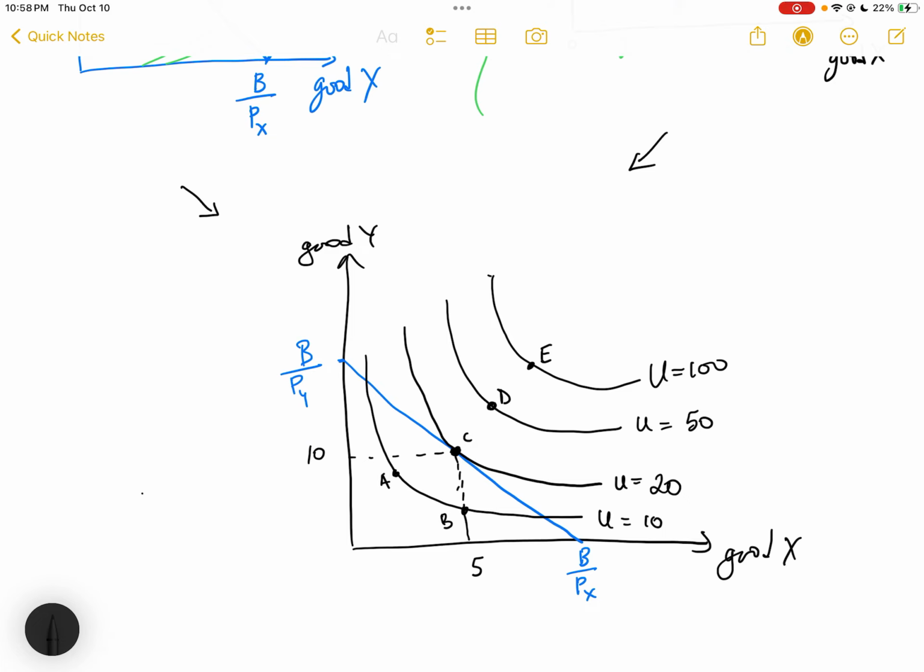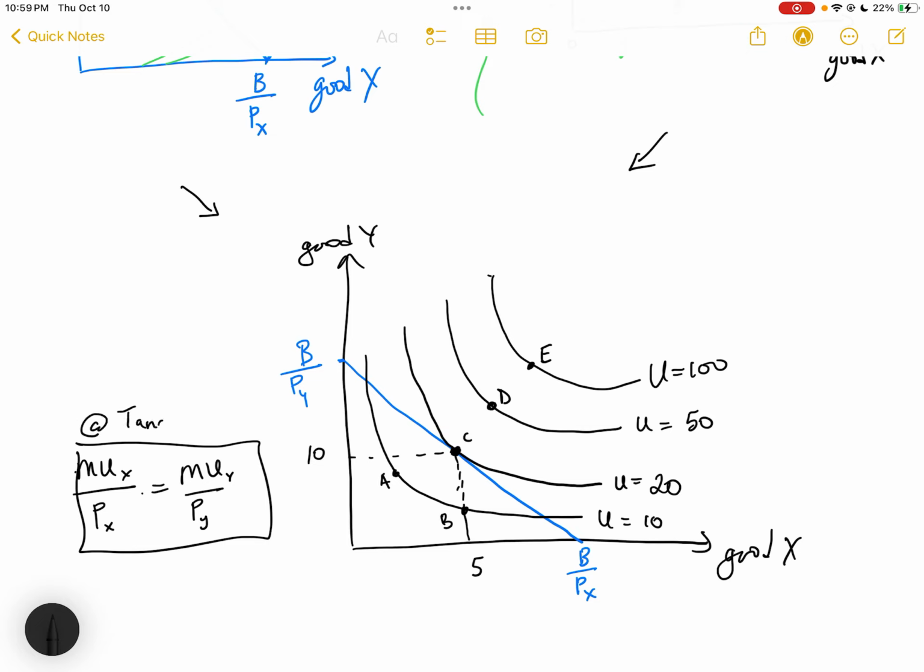So this is the idea in consumer choice. Now we say that at that tangency, the marginal utility of good X per dollar of good X is equal to the marginal utility of good Y per dollar of good Y. And this is known as the equal marginal principle.